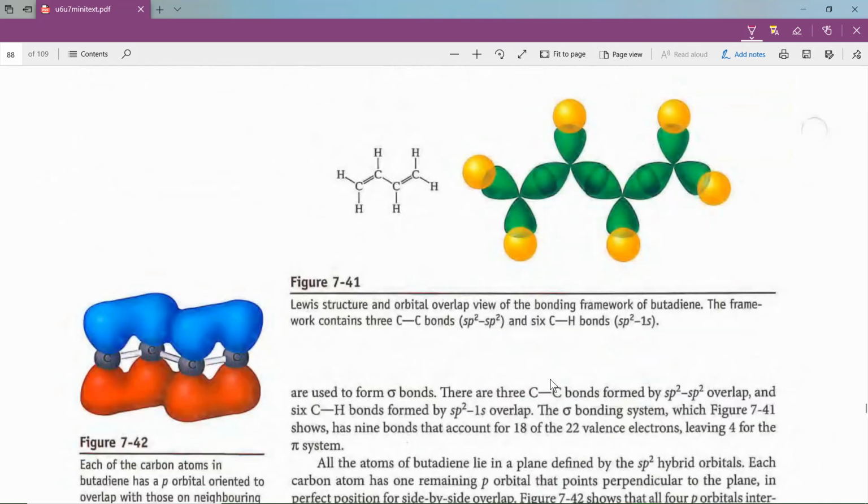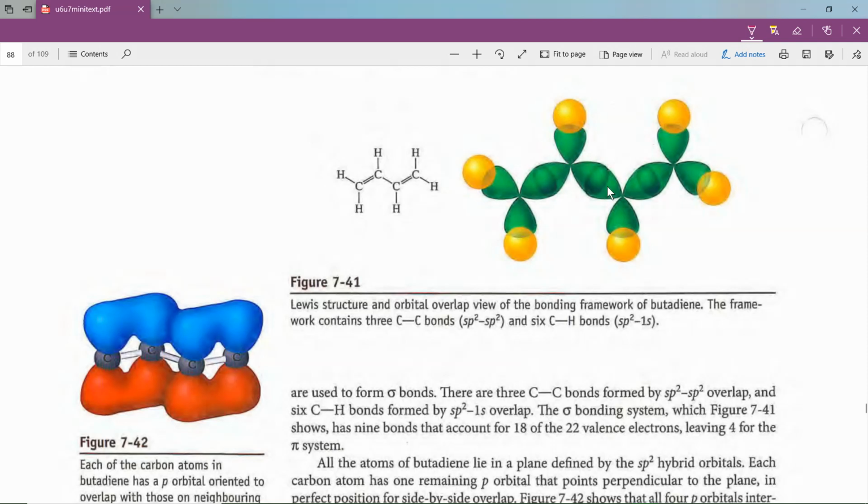So if I look at it, here's butadiene. I have one carbon, another carbon, so you have a double bond, single bond, a double bond. I don't care about the ligands so much as the carbon backbone. So double, single, double, single. And here we don't see the pi part of it.